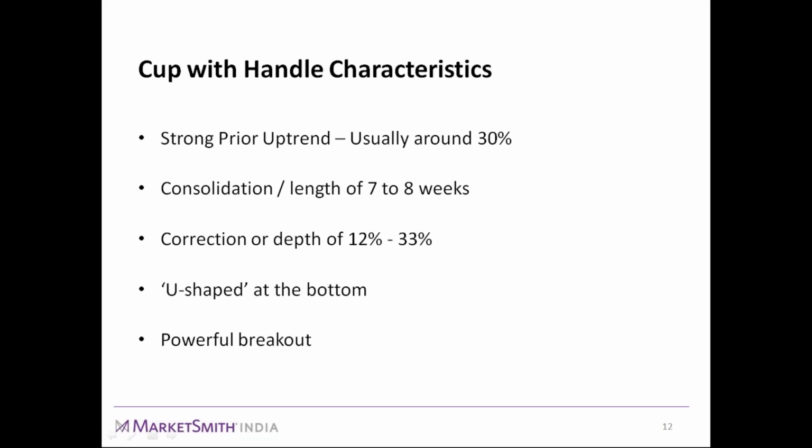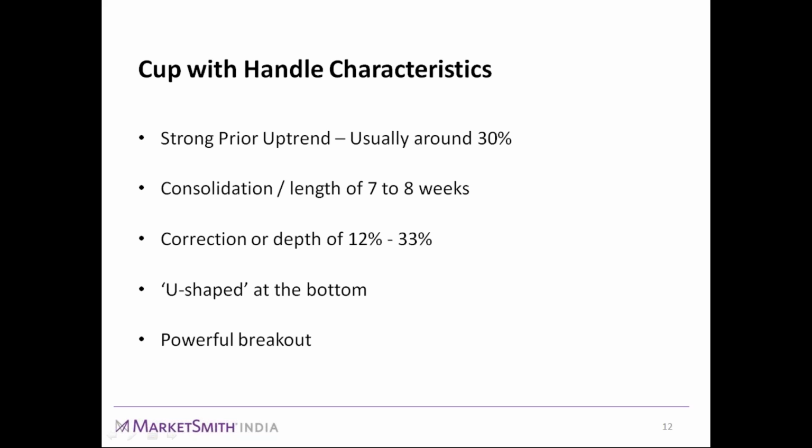We need to see a strong prior uptrend before the stock makes this cup and handle pattern. We usually look for around 20 to 30% gains prior to forming this pattern. The reason is that we need to be sure we are buying into a stock that is going to run higher.